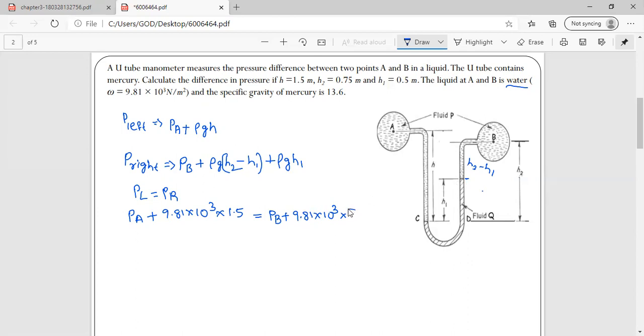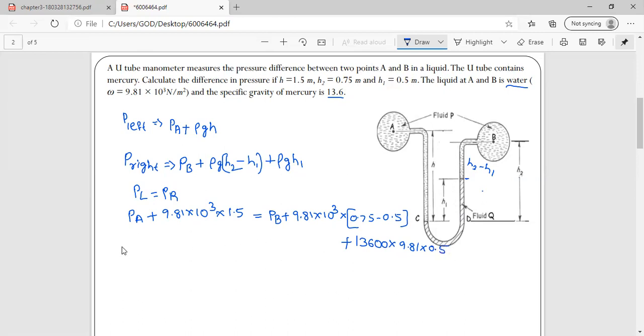H2 is 0.75 minus H1 which is 0.5, and one more term is there, plus rho g into H1, for the manometric fluid. The manometric fluid specific gravity is 13.6, so 13,600 into 9.81 into the height of the manometric fluid, which is 0.5.